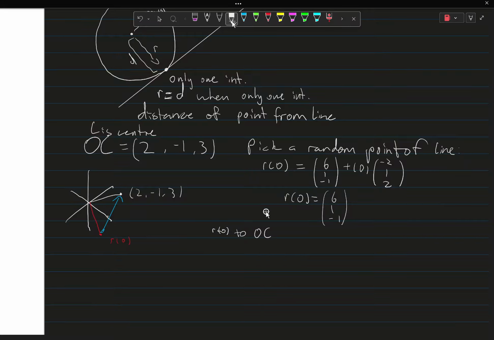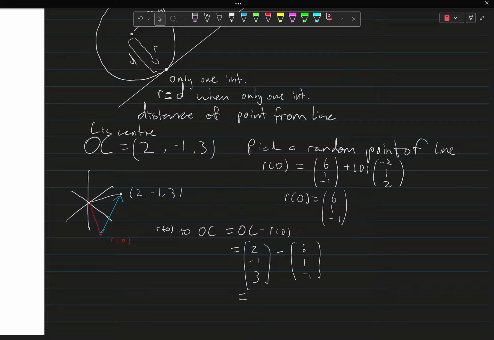And what this will be equal to is OC minus R0. So we have 2, -1, 3 minus 6, 1, -1, which is -4, -2, and 4.